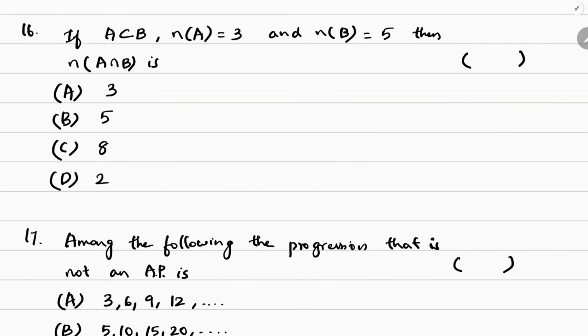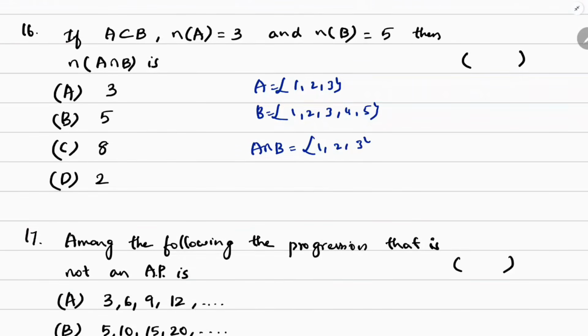So the correct option is, if you want I can take an example. A is 1, 2, 3 and B I can take 1, 2, 3, 4, 5. So A intersection B will be the common elements 1, 2, 3 and cardinal number of A intersection B will be like 3 only. So the correct option is A.